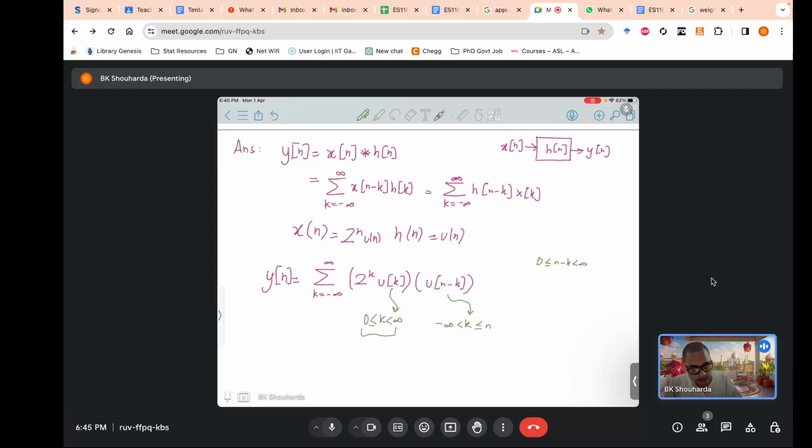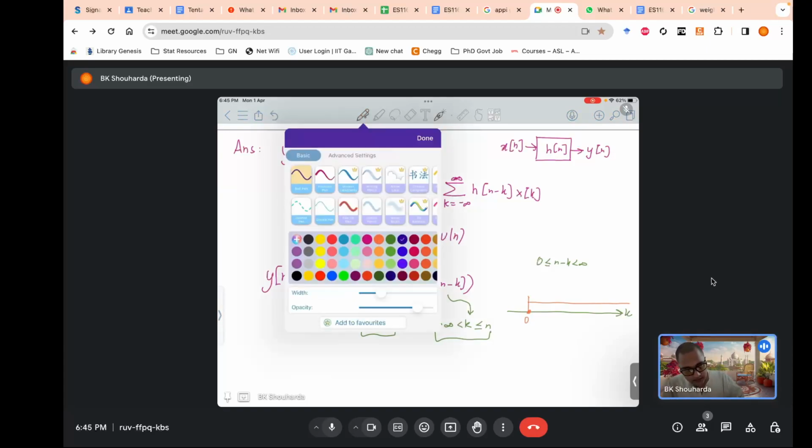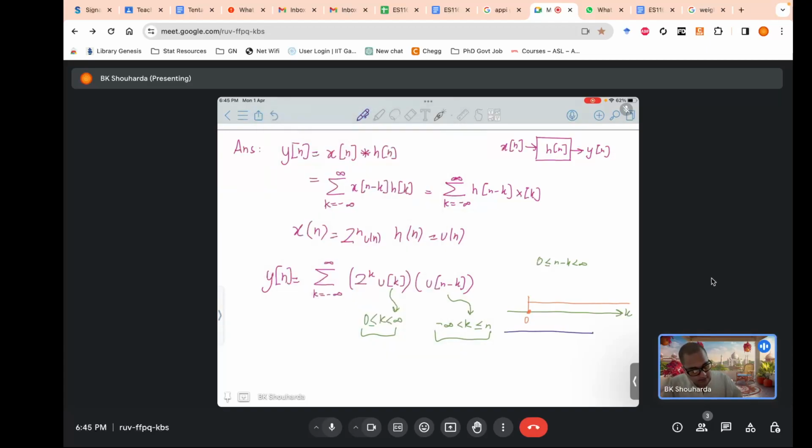On the number line of k, one condition says it should be from 0 till infinity, and the other says it should be from minus infinity till n. Which one satisfies both constraints? The interval from 0 to n satisfies both constraints.